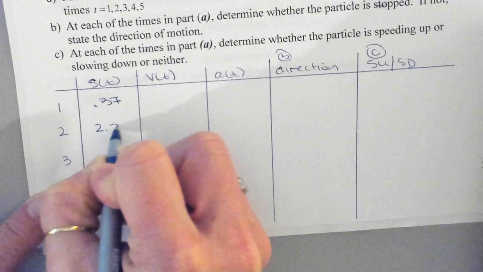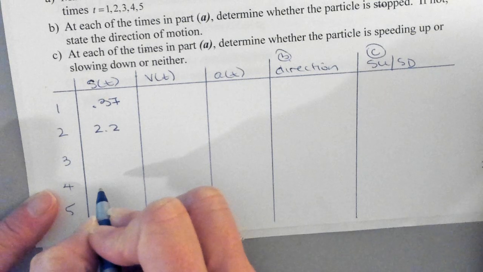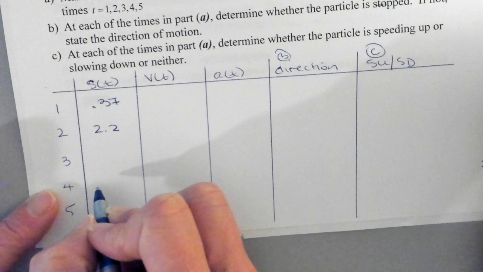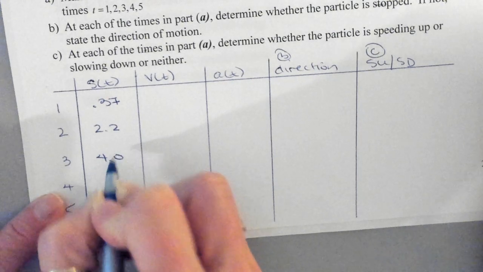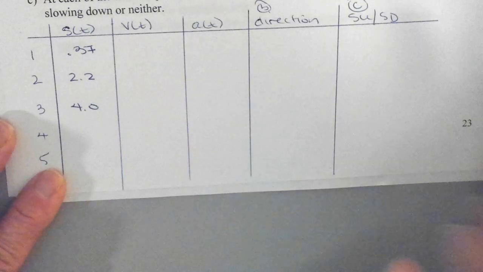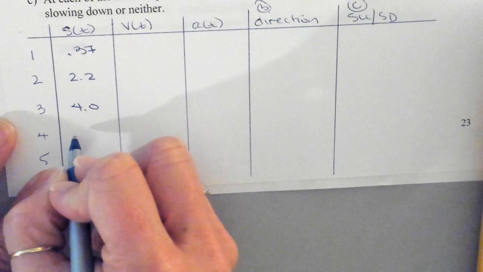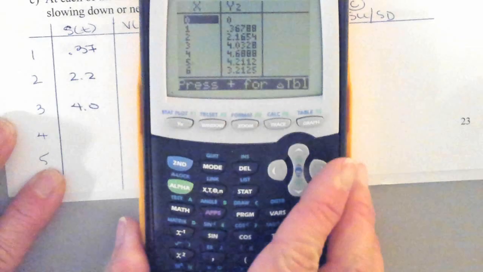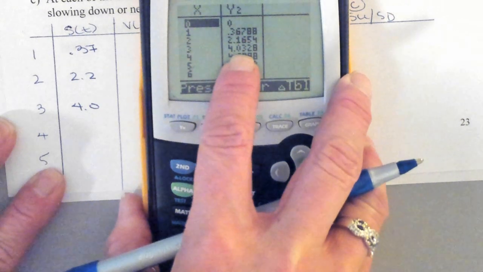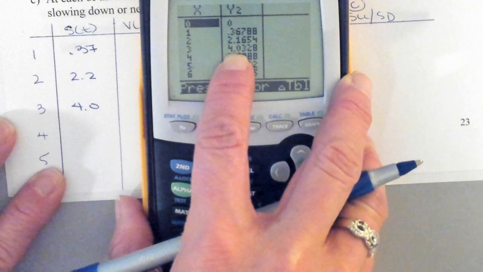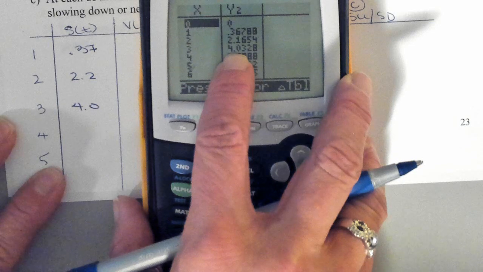2.2. Time 3, anybody? Thank you. 4 is 4.7, isn't it? It's like 4.04. I got 4.032. So it's because the directions said 1 decimal or 2 decimal places.